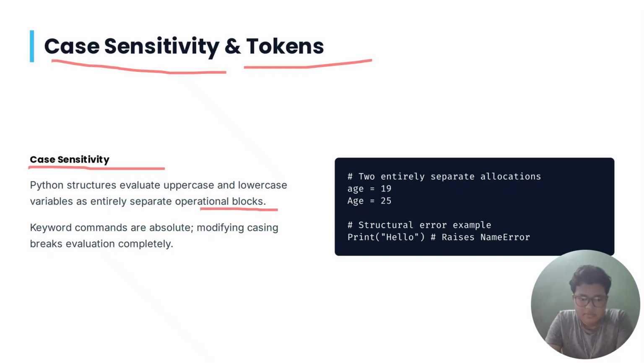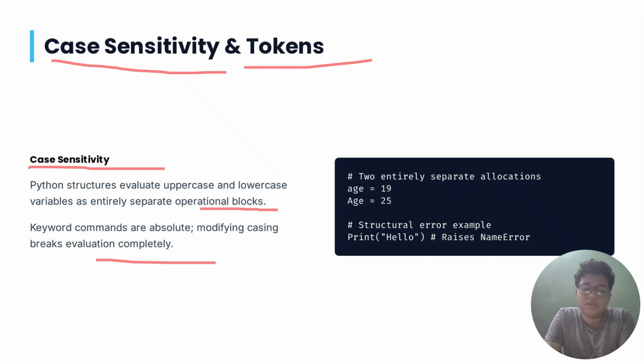Python evaluates uppercase and lowercase variables differently. Whenever you write capital P print, then it acts as a variable and not as the print function. Keyword commands are absolute, modifying casing breaks evaluation completely.